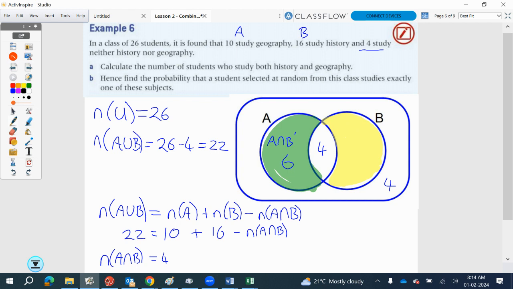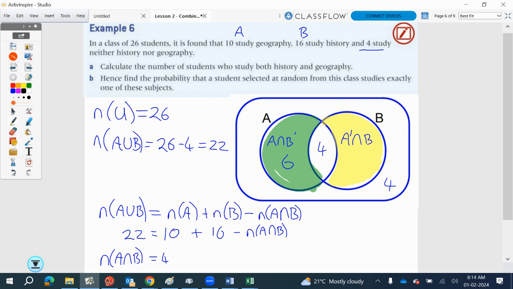A complement intersection B. We need the words. A complement, intersection, and then B.